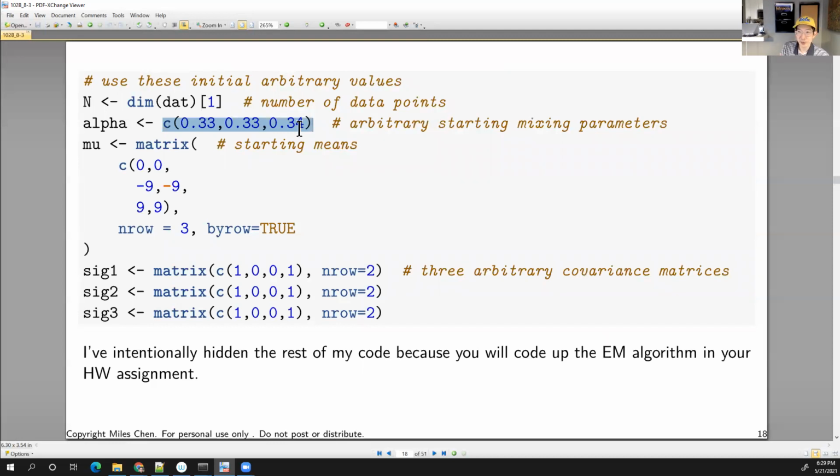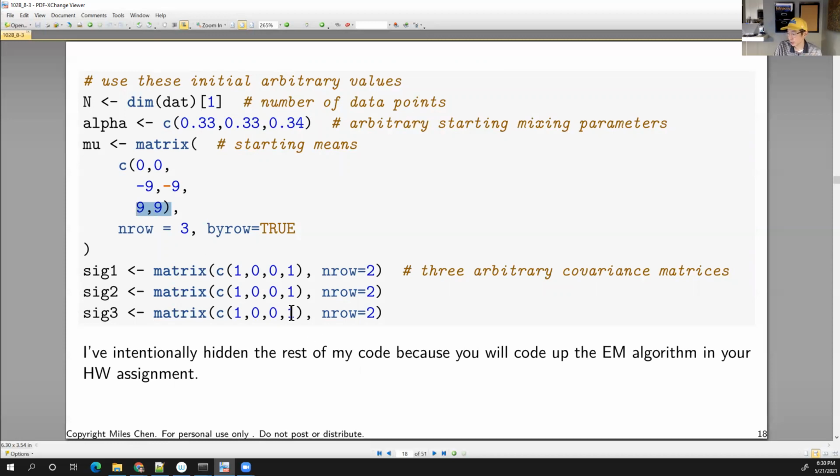We're just saying that at the beginning, our data has a 1/3 chance of belonging to each cluster. Then I've got 3 means: 0, 0, -9, -9, and 9, 9. This is a little different from k-means clustering, where you started off with random assignments of points. Here we start off with random starting parameter values. I'm going to guess where the centroids are.